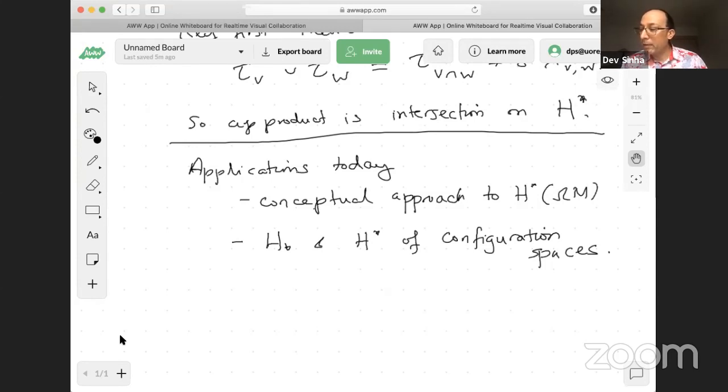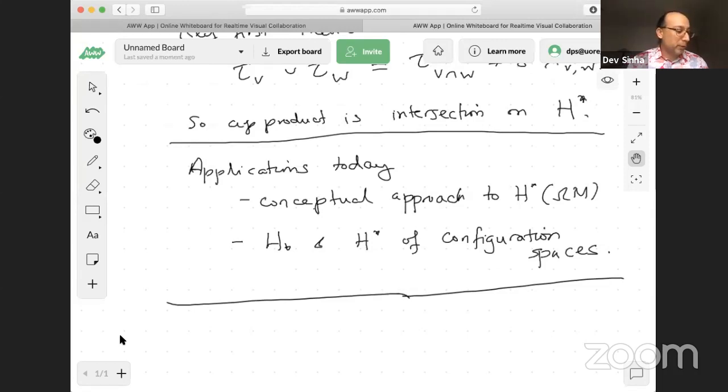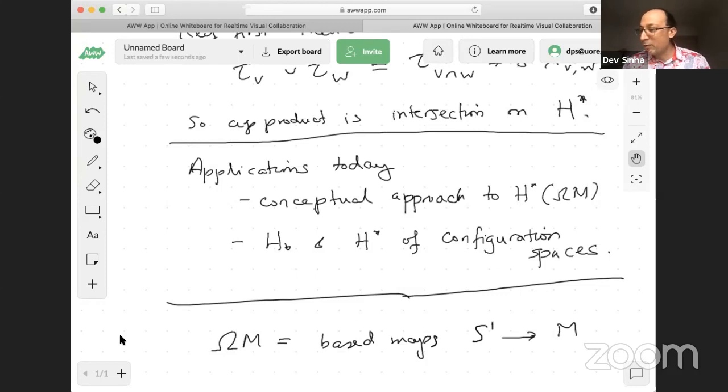Okay. So let me tell you a little bit about loop spaces from this point of view. Again, loops on M is the space of based maps from a circle into M. It's an infinite dimensional space. Morse had this amazing approach to it through differential geometry.